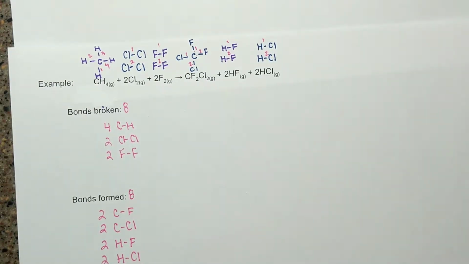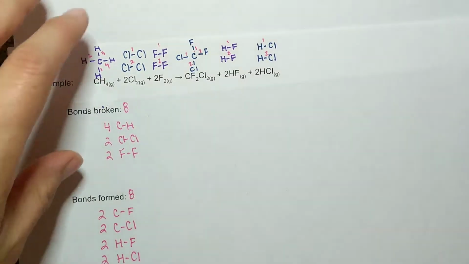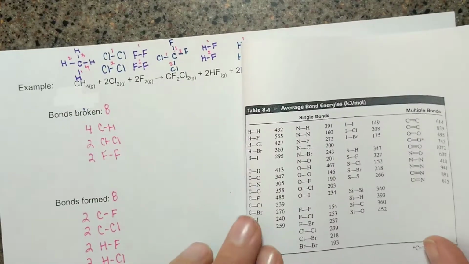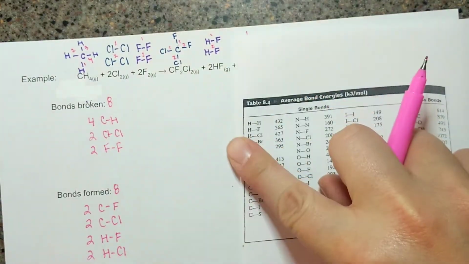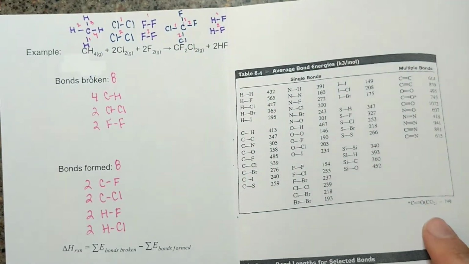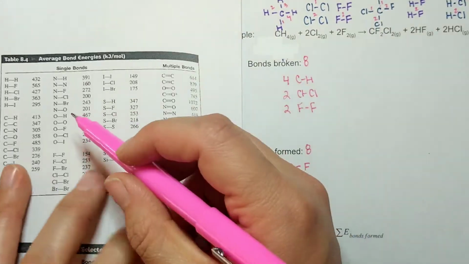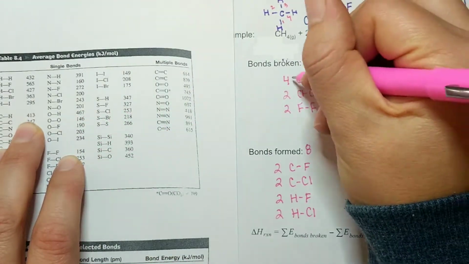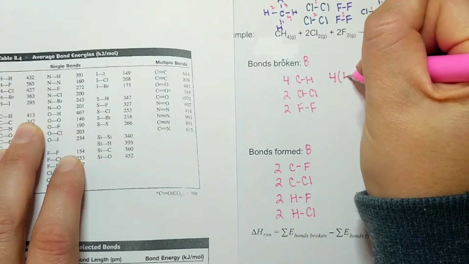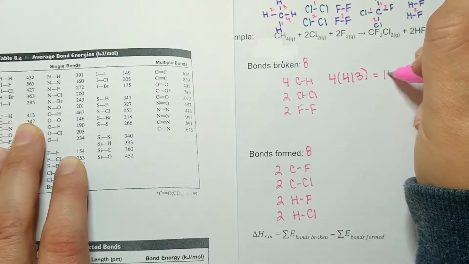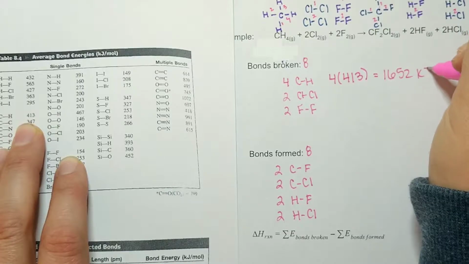We can look back at our chart on table 8.4 to find the energies associated with these bonds broken and formed. Looking at this chart, my carbon-hydrogen bond has a value of 413, and I have 4 of them, so 4 times 413 is 1,652 kilojoules.